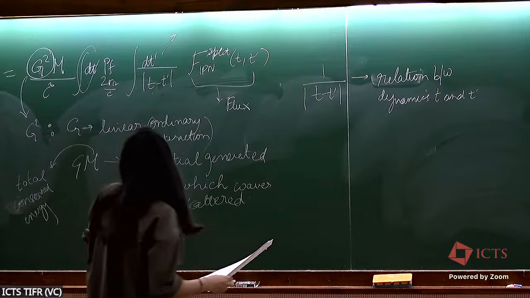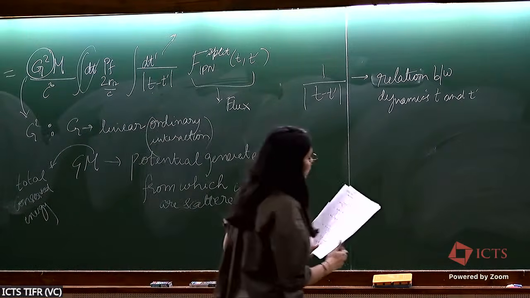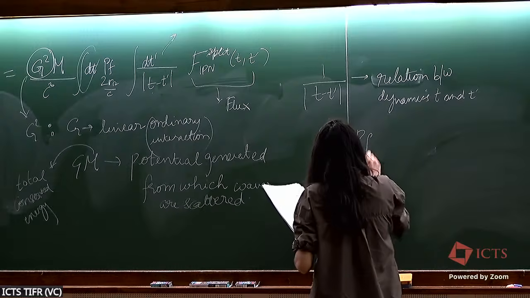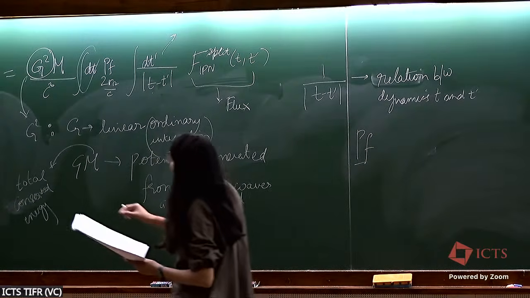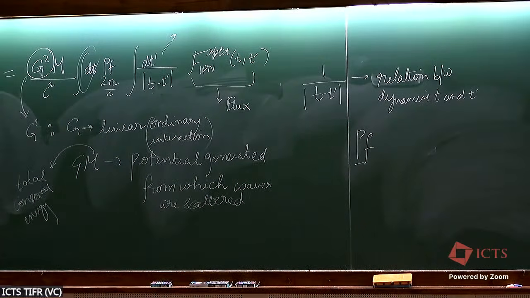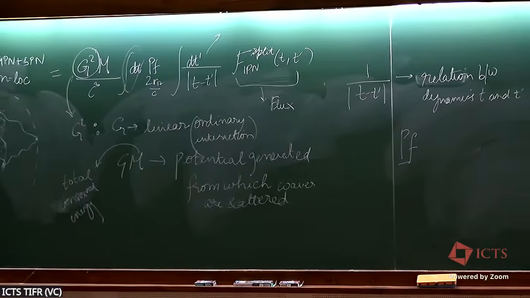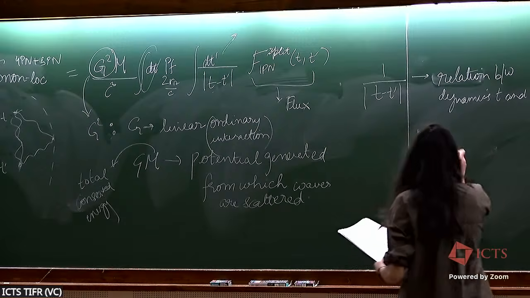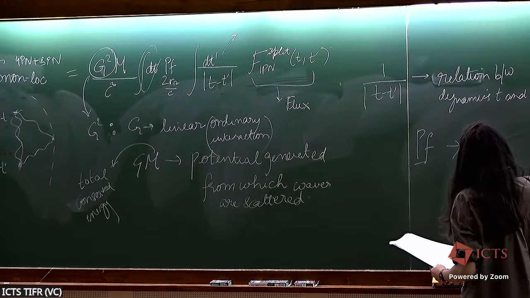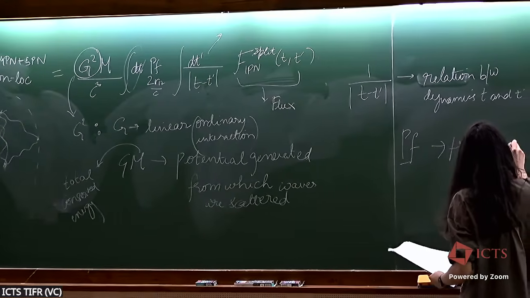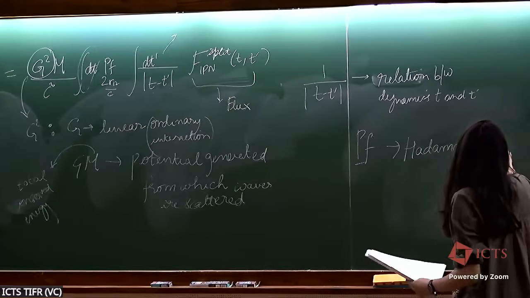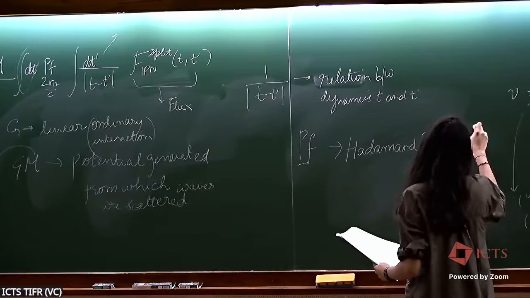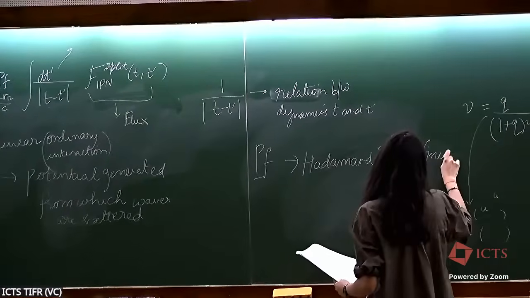And now, what is this PF? I mentioned that if the two times are coincidental, then there would be divergences in the system, and we need to regularize the system. And this PF is doing that. It's a regularizer called the Hadamard-Partie-Finie regularization approach.